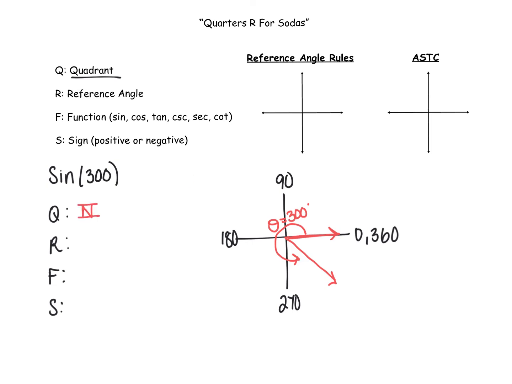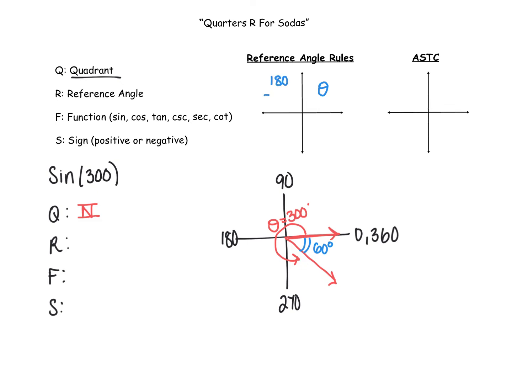So we can say quadrant Q is 4. Fine. Next, reference angle. How do I find a reference angle in quadrant 4? Well, the real definition is how many more degrees you need to get to the x-axis or complete the circle. So we actually know that 300 plus 60 will give us 360. But if you remember the rules, in quadrant 1, angles are their own reference angle.